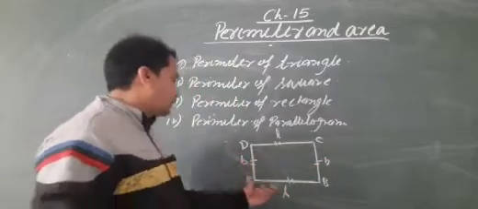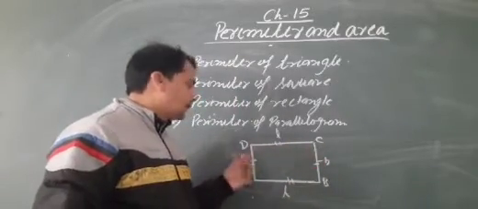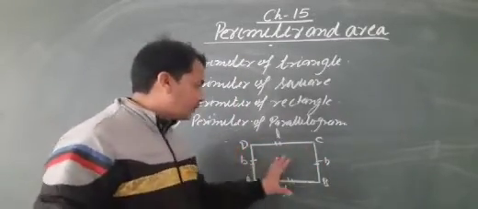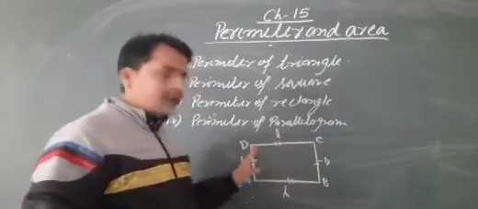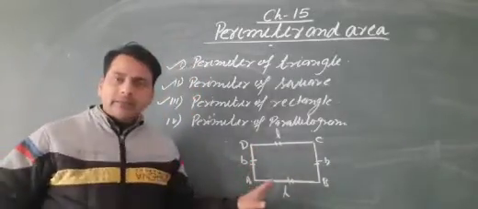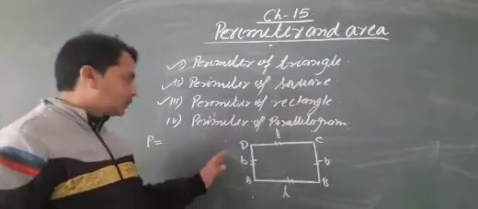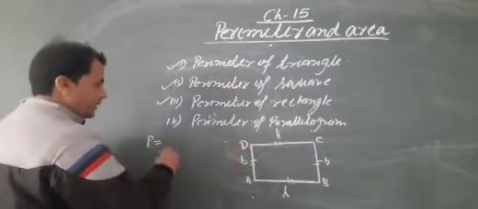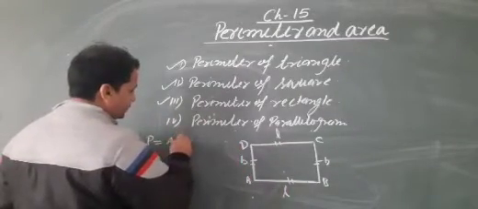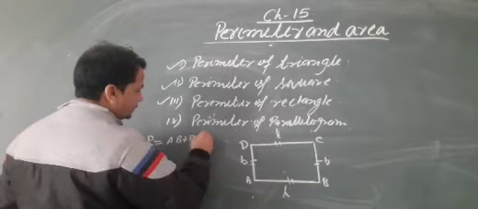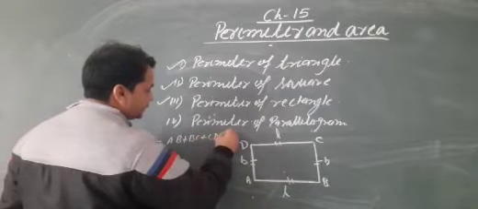In this figure AB, BC, CD and DA are the boundary of ABCD, so the perimeter is the sum of all sides: AB plus BC plus CD plus DA.